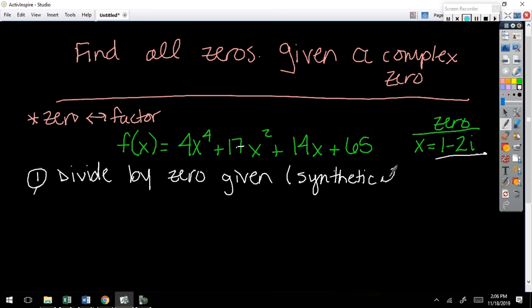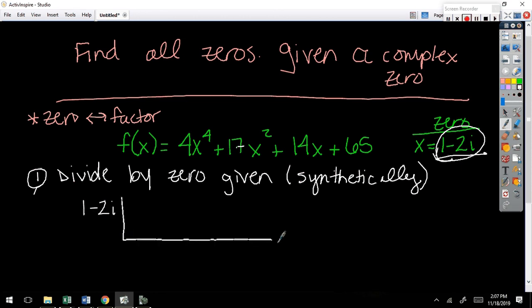All right, so we're going to divide synthetically. But instead of it just being a single number, it's going to be a complex number. So outside, we're going to have 1 minus 2i. And inside, now remember this placeholder here, I don't have a power of 3. So I'm going to have 4, 0, 17, 14, 65. Okay, here we go. So drop down the first.